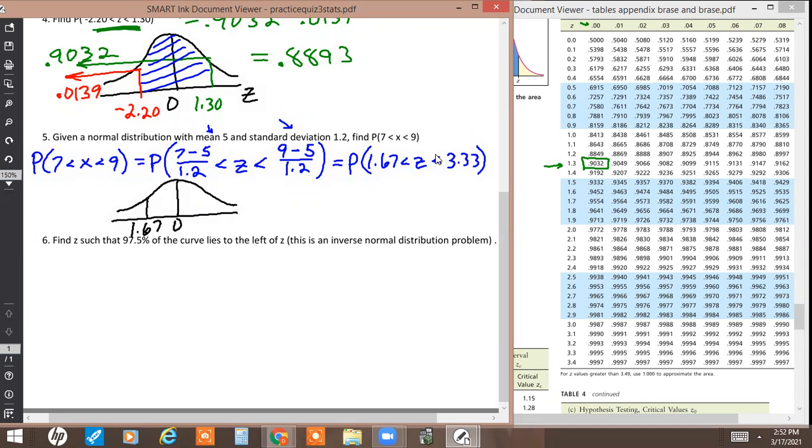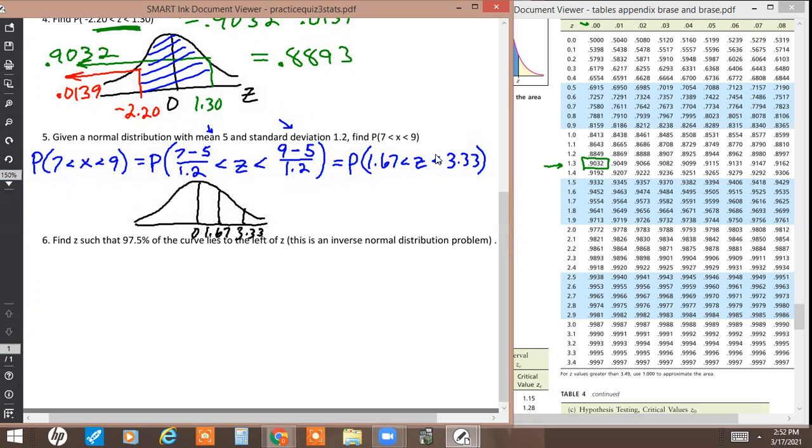Give me just a sec. So 1.67, let's say it's right here. And then 3.33, let's say it's up here. We want to find the area between them.